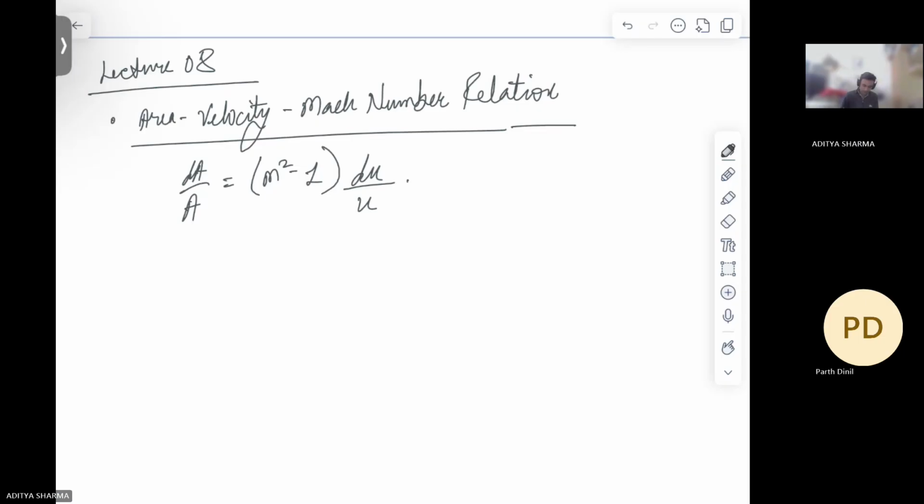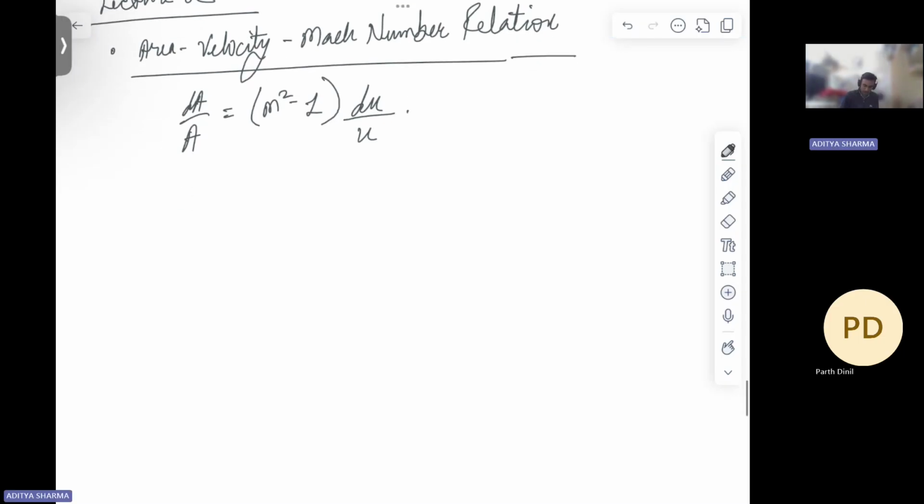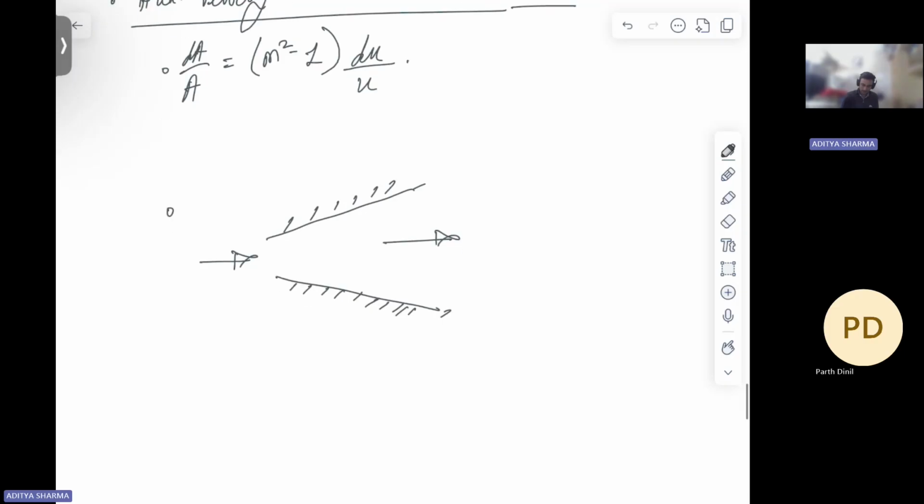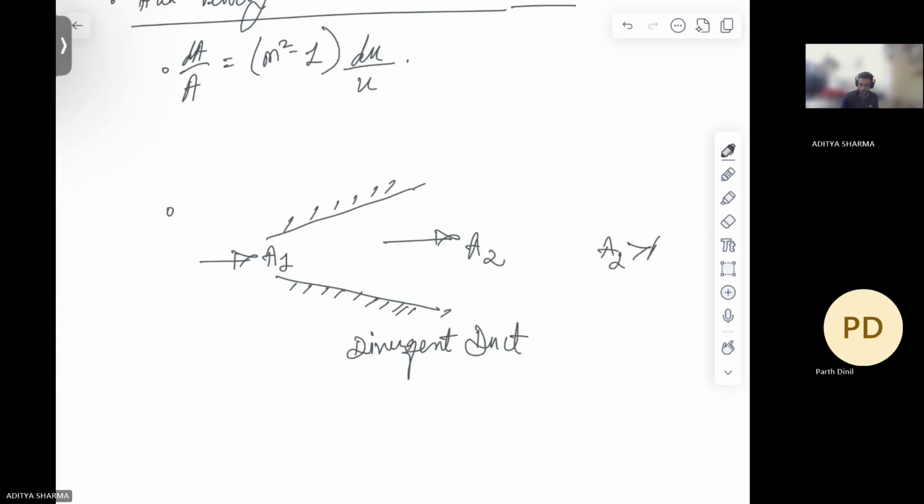Now, what is the meaning of this relation? I'll show you. Let's take ducts, with the flow happening this way. And this is a divergent duct, so A2 is greater than A1.